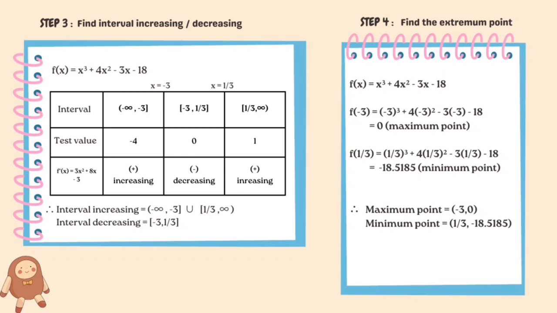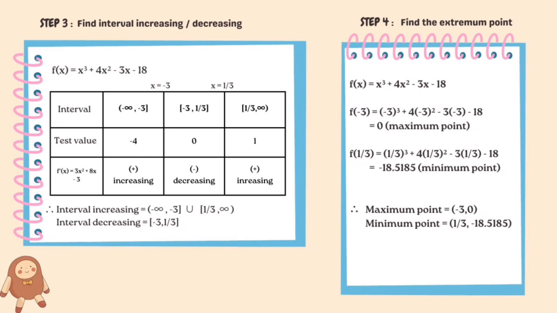For the test values, for the first we will use negative 4 because it is in the range negative infinity to negative 3. For the second, we will use 0 because it is in the range -3 to 1/3. For the third, we will use 1 because it is in the range 1/3 to infinity.